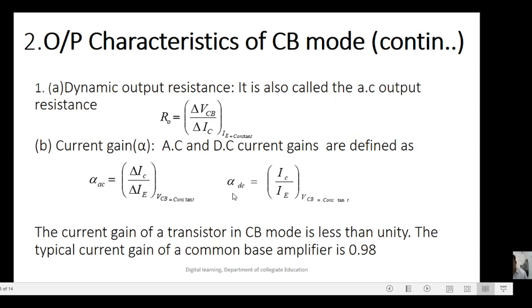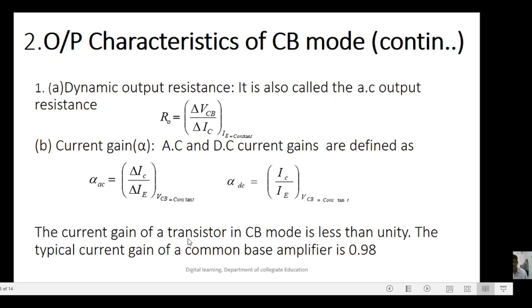Therefore we can get alpha AC. Alpha DC, the DC current gain, is IC divided by IE at constant VCB.